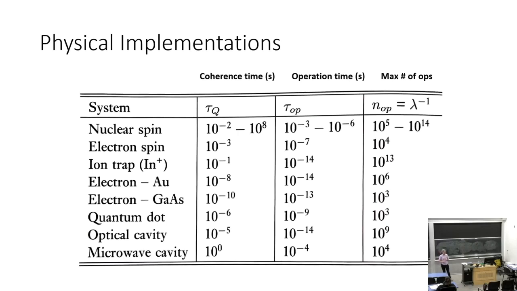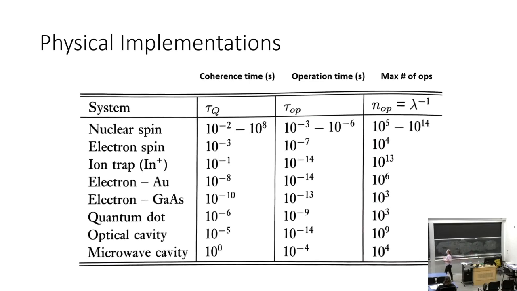So we really only have 3 distinct kinds of qubits represented in this table. We have spin, we have atomic levels or electrons in orbitals, and we have photons.